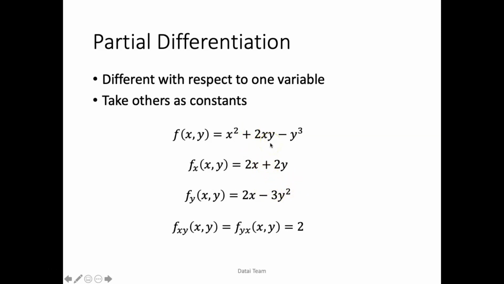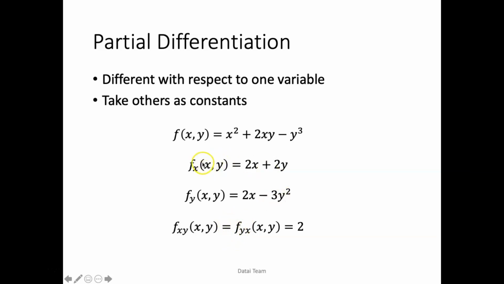And we can also take the derivative with respect to both of them in different orders. We can take the derivative with respect to x then y, or y then x, and for every function this holds true, f of x and y, and when we take the derivative with respect to x first then y is the same as when we take the derivative with respect to y then x.